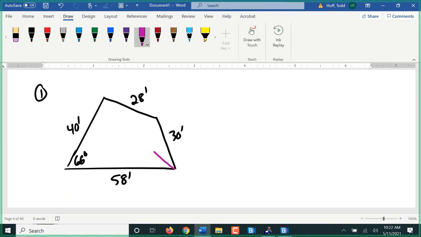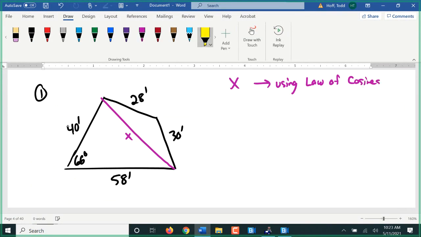So you're going to cut it across here. I'm going to call this length X. You're going to find X using law of cosine, because we have 2 sides and the angle in between them.